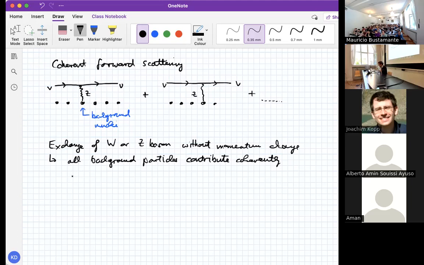So that means the squared matrix element for this process is proportional to n squared times G_F squared, where n is the number density of background matter.